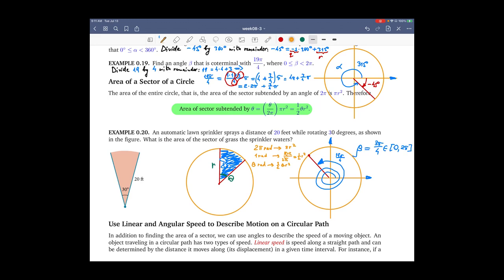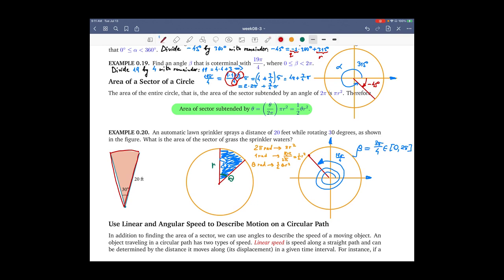So we simply need to compute the area of this sector. Note that when you use this formula, it's absolutely necessary that the angle be expressed in radians. If you use its degree measure here, it'll be a mistake.